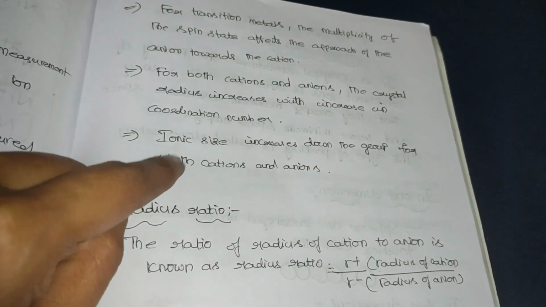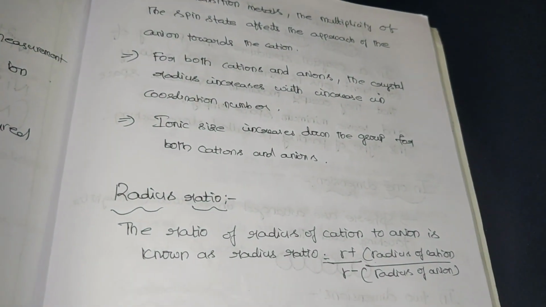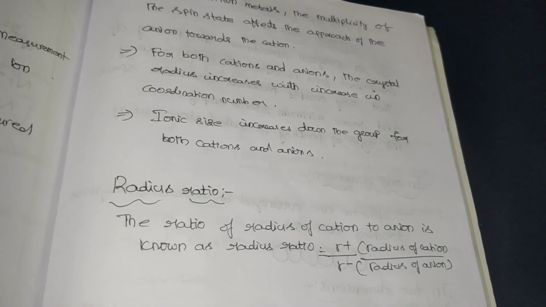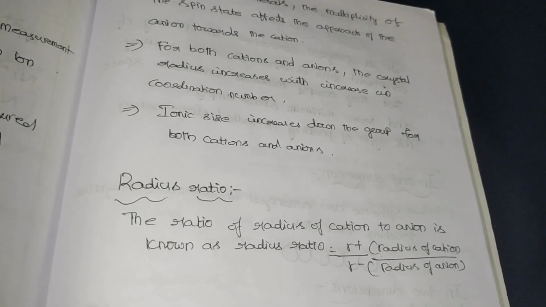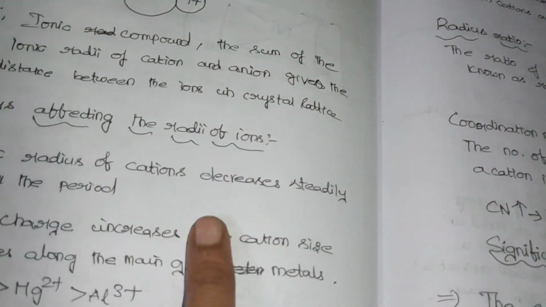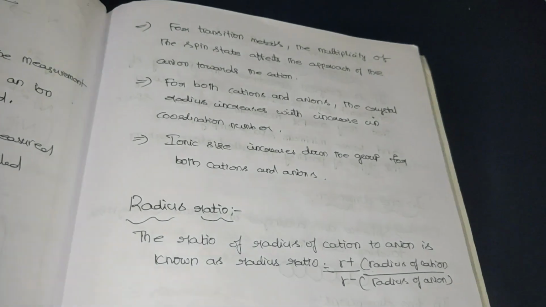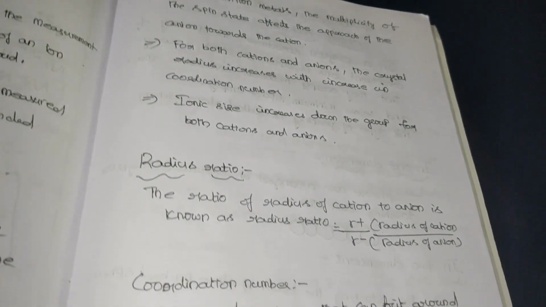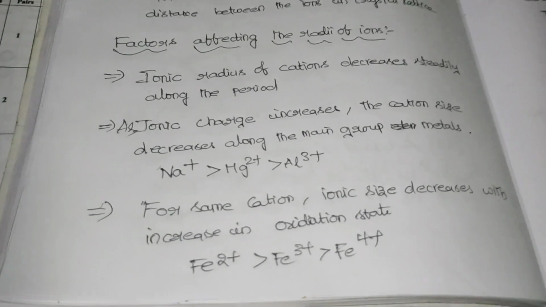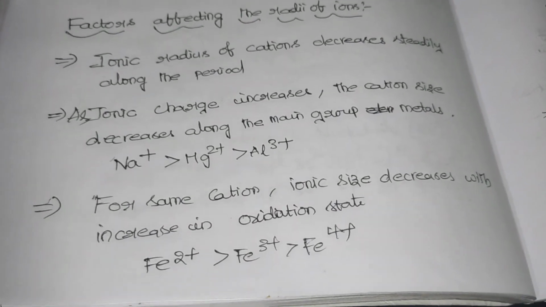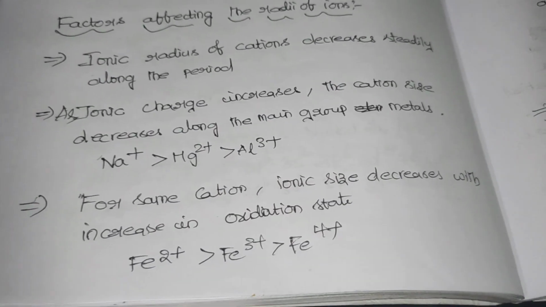Then ionic size increases down the group for both cations and anions. So ionic size decreases along a period and increases down the group. These are the factors affecting the radii of ions. Very easy: it decreases along a period and increases down the group.